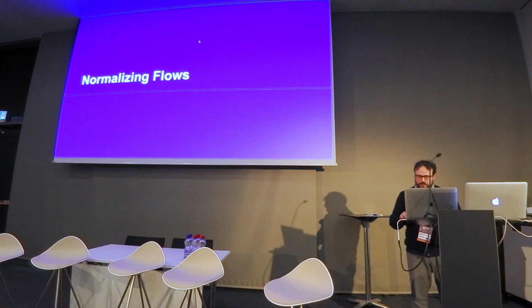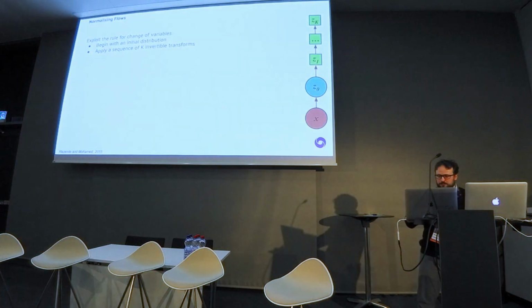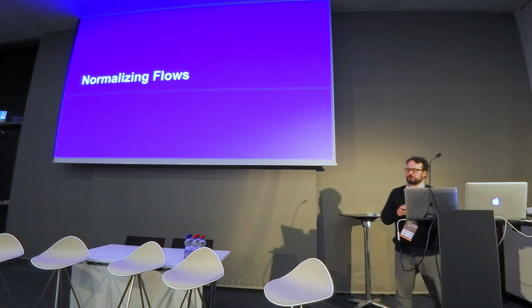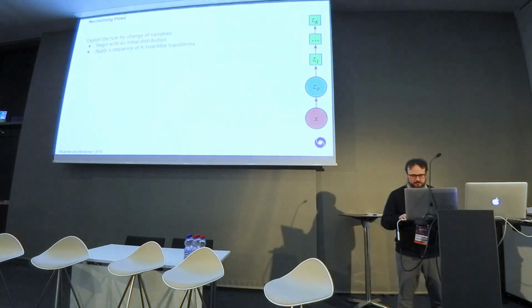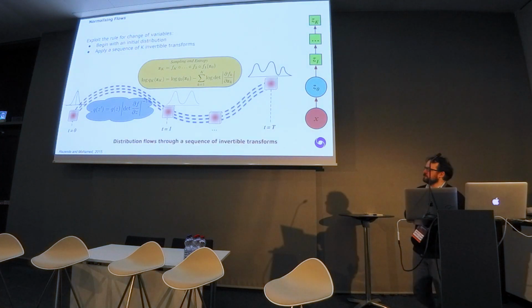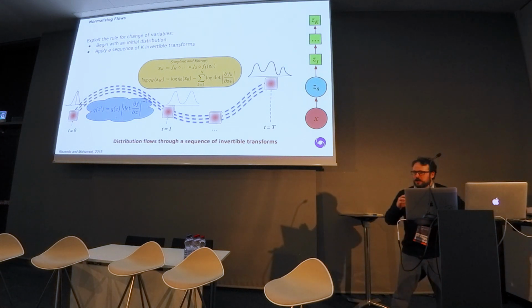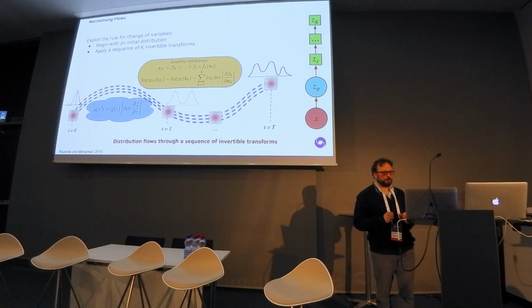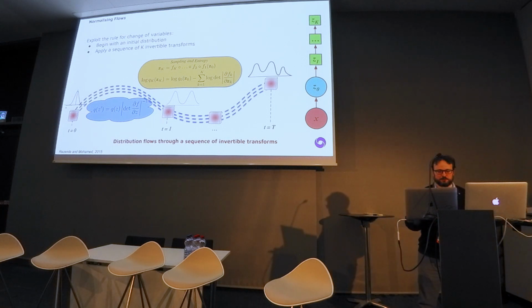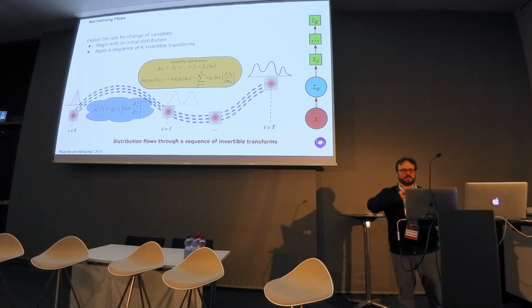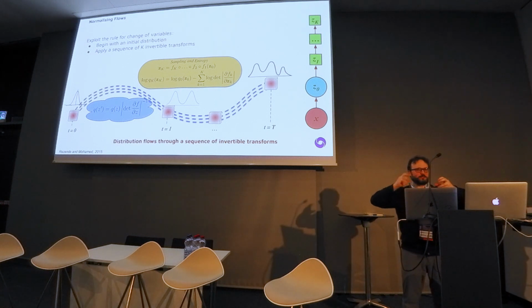Going in that direction, I will work on a particular class of models that we call normalizing flows. The idea of normalizing flows is pretty simple. We can start from a very simple probability distribution, let's say a spherical Gaussian, and we can apply a series of diffeomorphisms to the data.